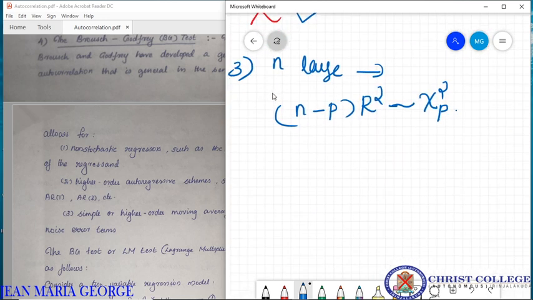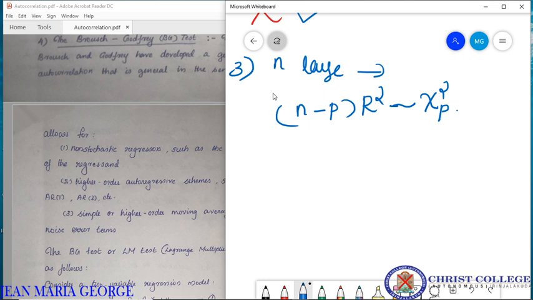So if a large sample size exists, the BG test is n, the number of observations, minus p, the order, times R square. R square is already calculated. It follows a chi-square distribution.